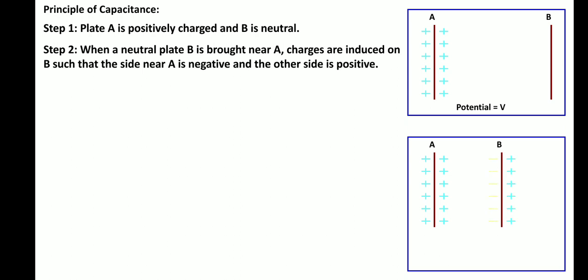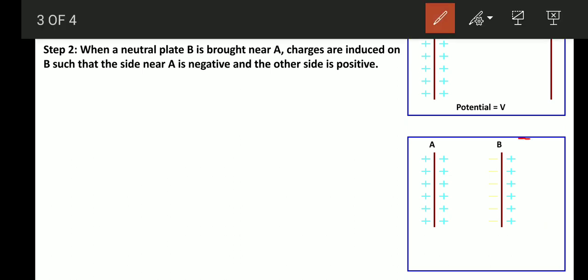You are bringing plate B near to A, then charges will be induced on plate B due to the charge placed on plate A. Since there is a positive charge on plate A, the opposite charge, negative charge, will be induced on plate B. Then the other side of plate B will be induced with positive charge.